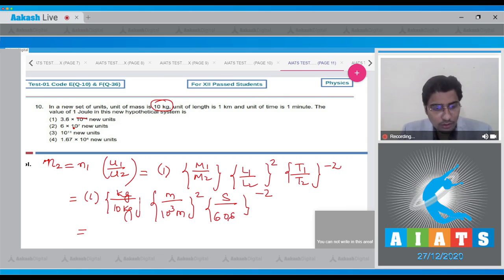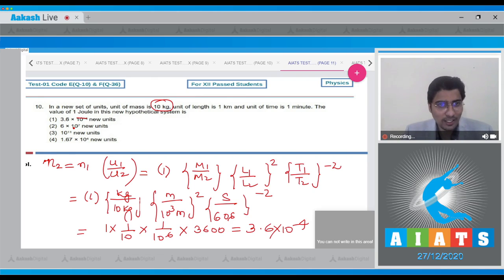This gives us a value of 1 into 1 by 10 into 1 by 10 to the power 6 into 3600. And this, dear student, will be equal to 3.6 into 10 raised to the power minus 4. And this is our final answer. From the given options also, we can clearly see that the correct answer for this question should be option number 1.